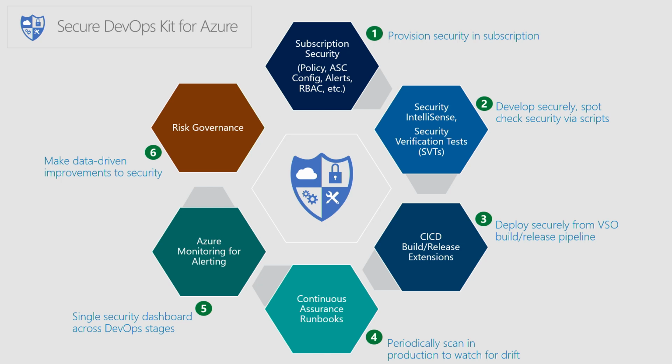And then risk governance. So this is really just a way to roll up telemetry across different subscriptions and organizations so you can identify trends. So inside your own environment, what you'll start to see is reporting that shows the most common security vulnerabilities that are missed during a development lifecycle or during production, and allow you to base policy on that.